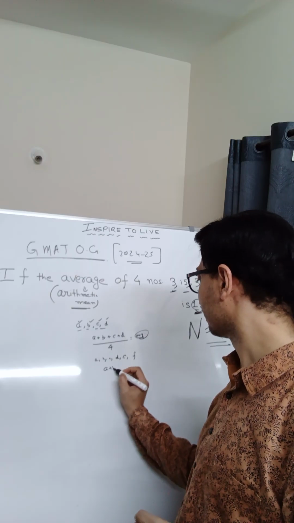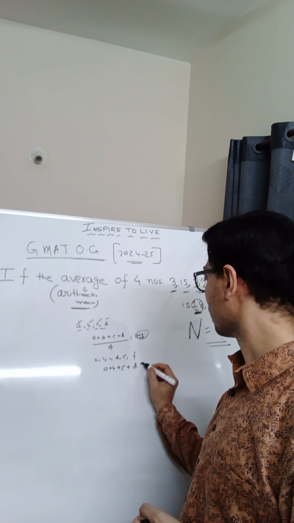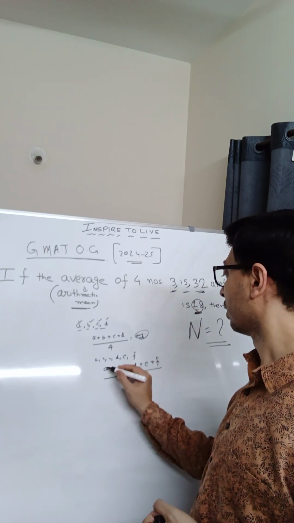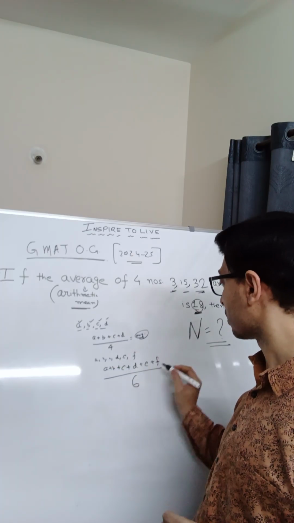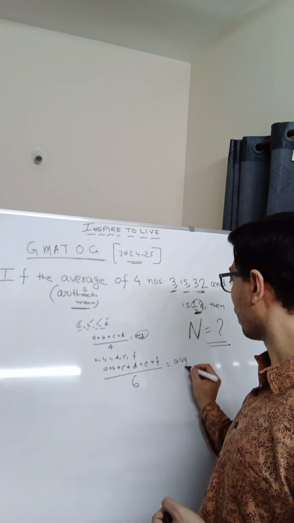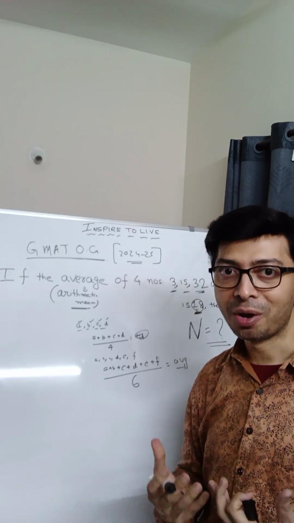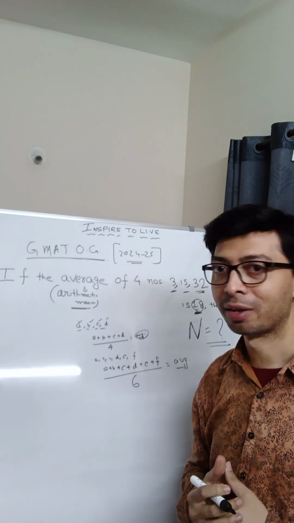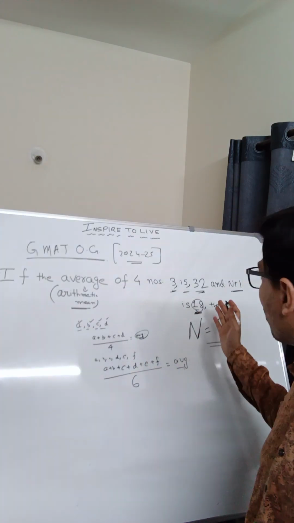I add A plus B plus C plus D plus E plus F and divide by the total number of numbers, which is six. That gives me the average of six numbers. This is how I calculate the average of numbers, and the same concept we will apply here. So let's see how we need to do it.